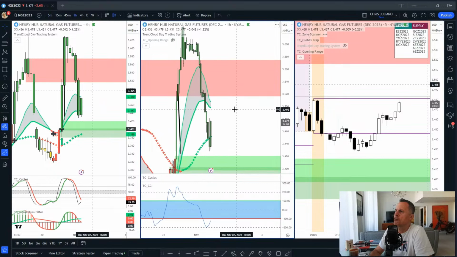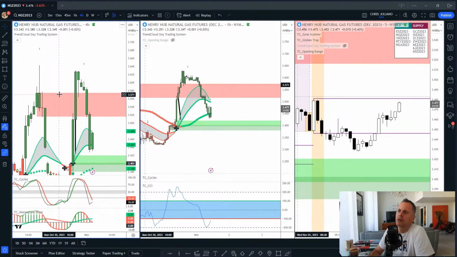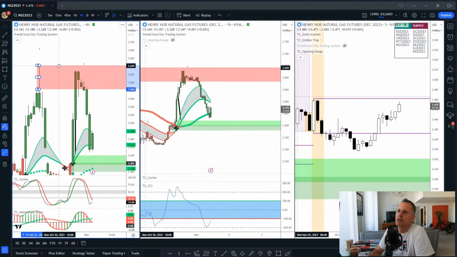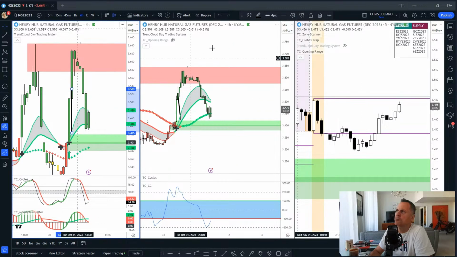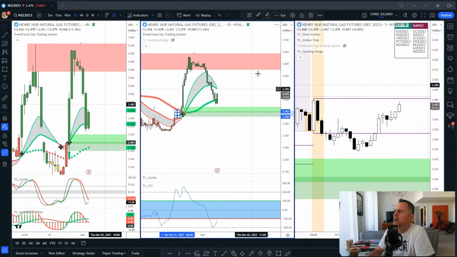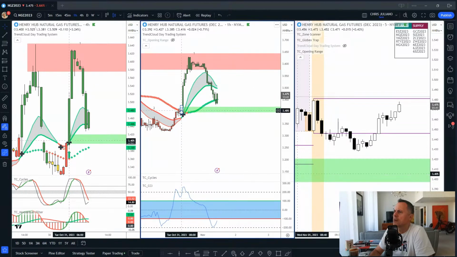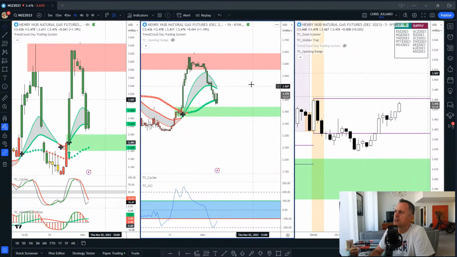Kind of going sideways, right? Okay, so, well, let's take the wick of that 4-hour chart, high on the curve. That's the high time frame curve. And down here, here's the 1-hour demand zone. There's your range.